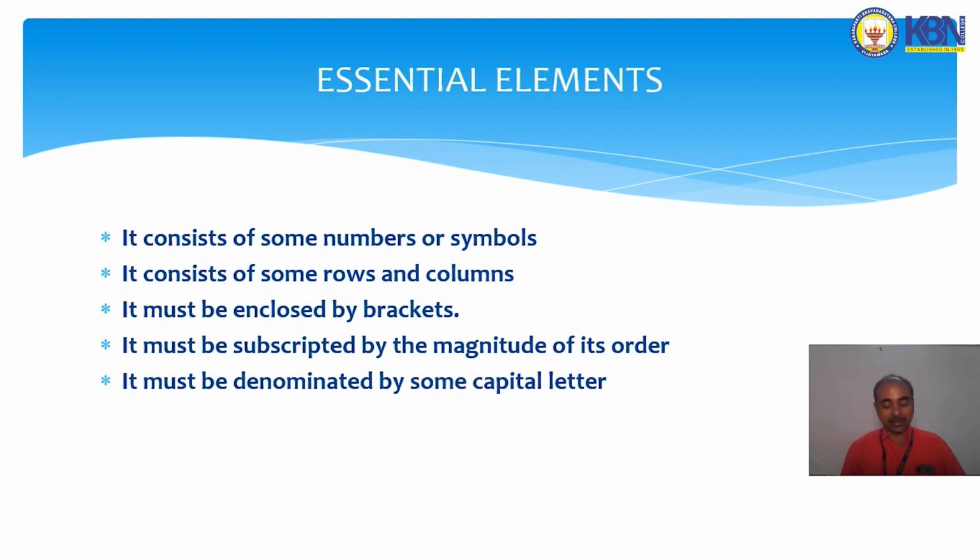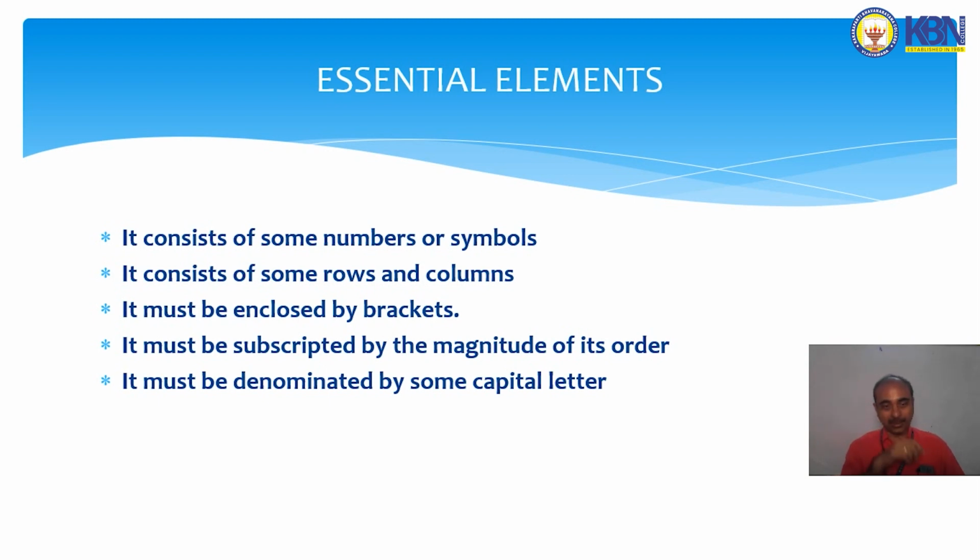In a matrix, if the subscript stands like m into n or 4 into 3, it will mean that there are 4 rows and 3 columns in this said matrix. 4 into 3 means the first digit represents the number of rows and the second digit represents the number of columns.